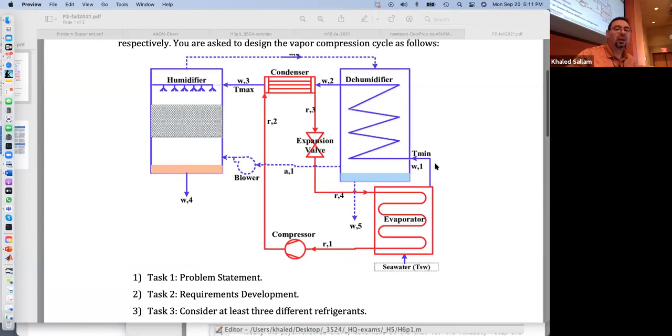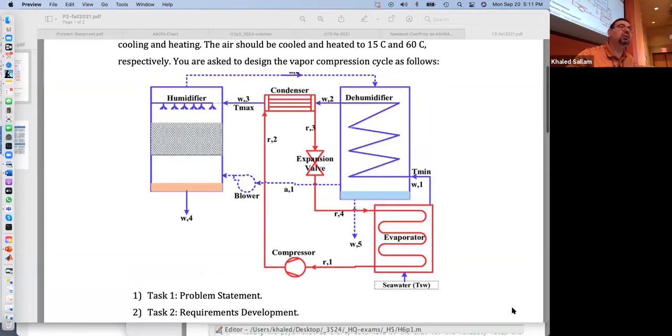And at the end of the day, in the cycle, what do you really care about? How much water, m dot water per m dot air, basically. That's what you really care about, m dot water over m dot air.